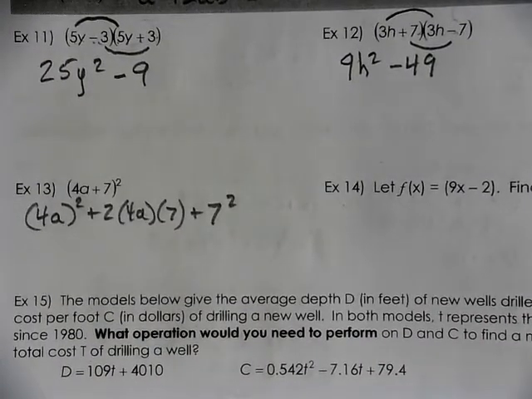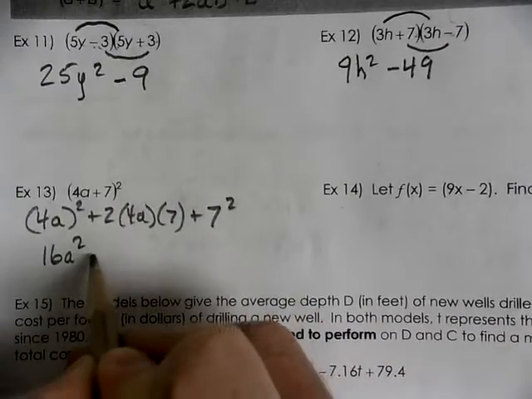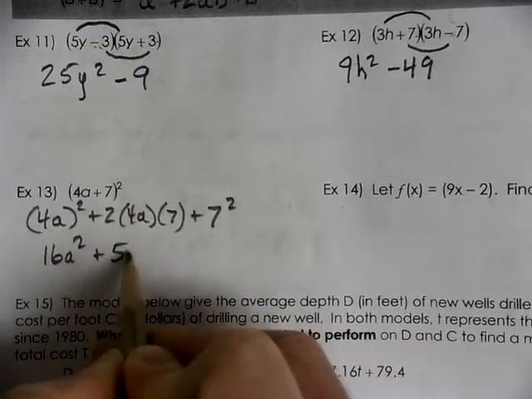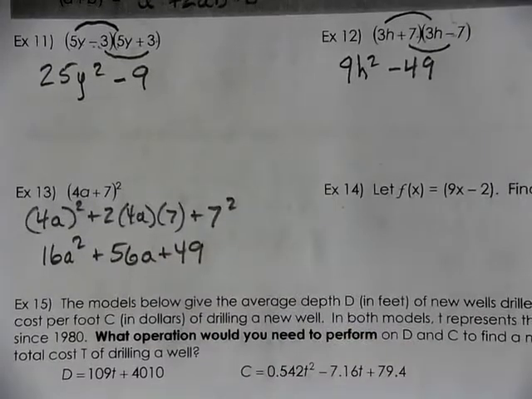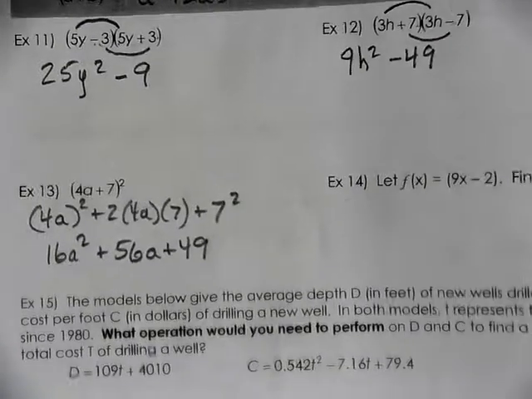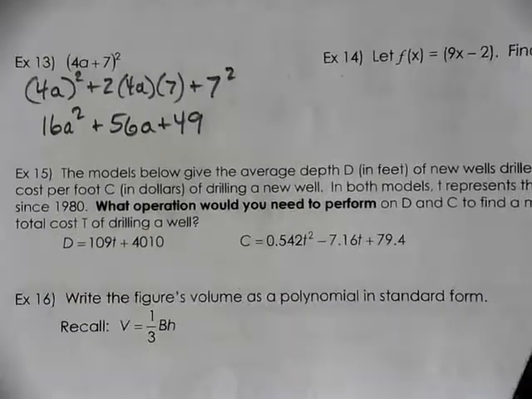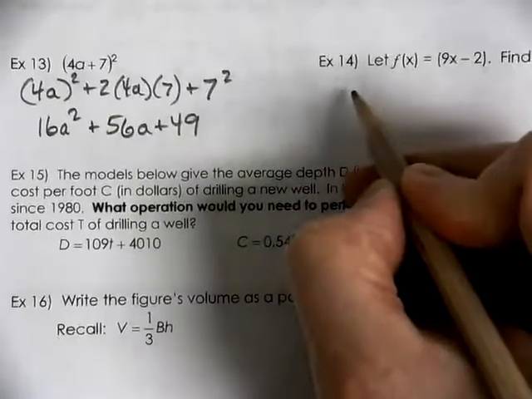So in terms of a pattern, this would give us 16a squared plus 56a plus 49. If you know of the patterns and recognize that it's a pattern type problem, you might enjoy setting it up in that fashion.